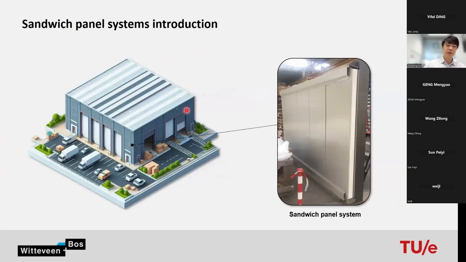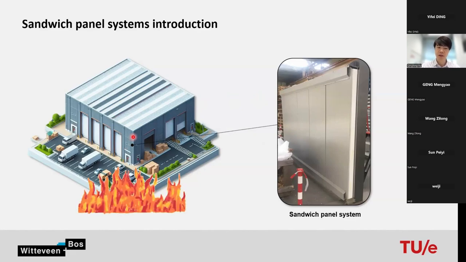The sandwich panel system, as I showed on the right-hand side, is a lightweight structure which consists of two thin plates with an insulation layer. They are widely used in buildings as an external wall, which we call a facade, because it's lightweight, easy to construct, and also has relatively good insulation properties.